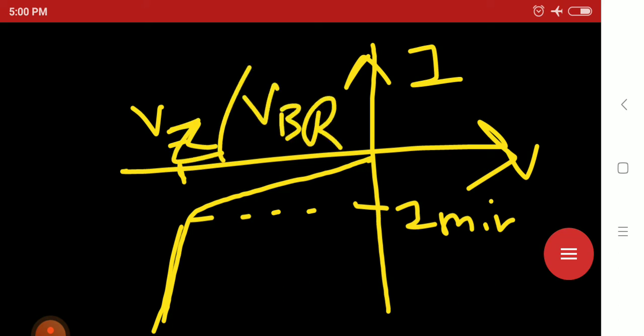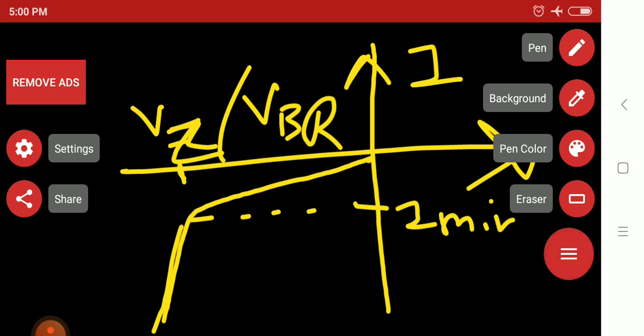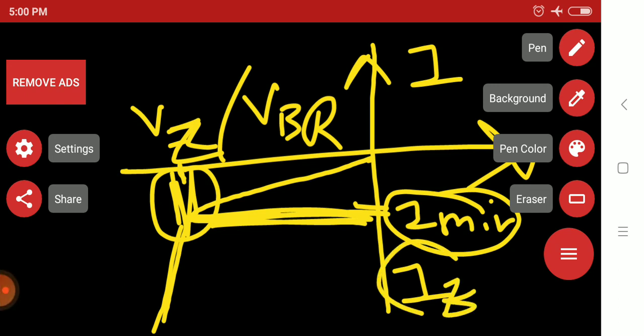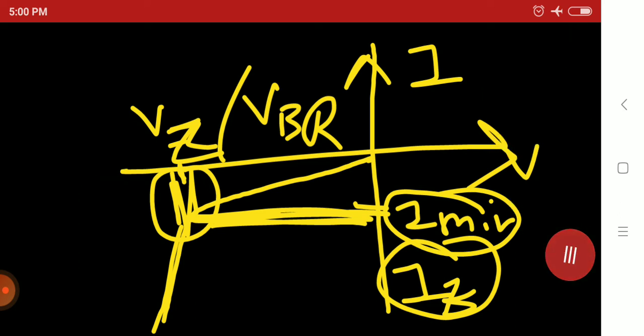Corresponding to the Vz or breakdown voltage, here we will get Iz or Iz minimum, that is the knee current or Zener current.